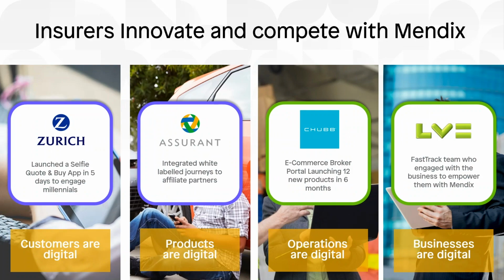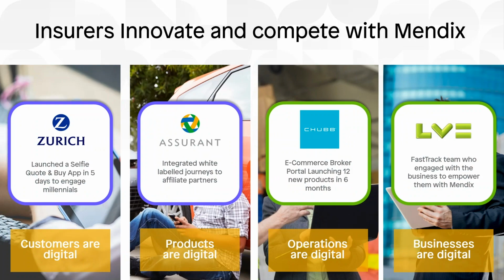Also, insurers are becoming more digital. The operations that they do, whether it be on a broker market level or whether it be on underwriting and actuary level, are becoming more and more digital. A good example of this is Chubb. And Chubb is a large insurance company that work with the Mendix platform to build their e-commerce broker portal. So over the last few years, they've been building this core product, and they've got to a stage now where they can very quickly launch new products.